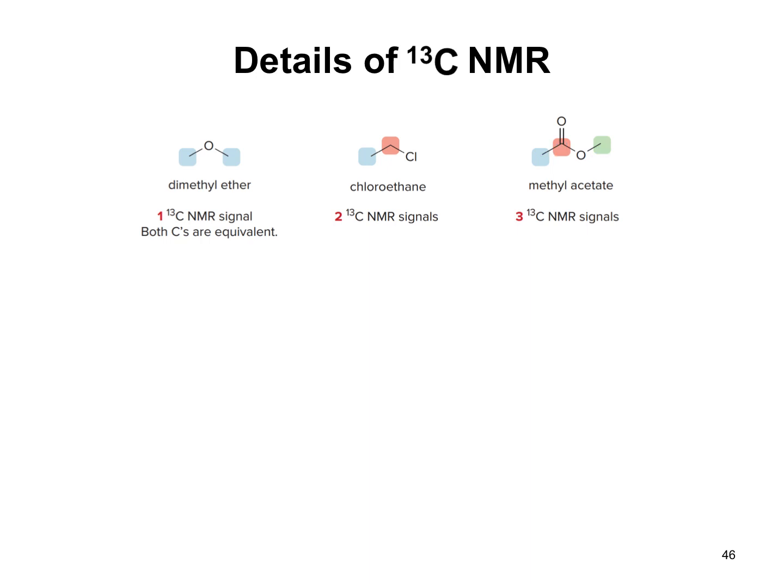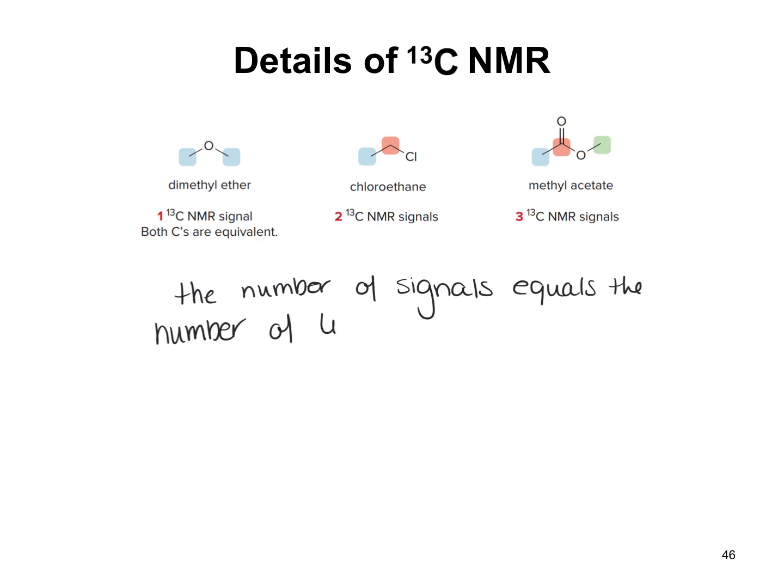Now, because these carbon-13 signals are not split, the number of signals just equals the number of lines in the carbon-13 spectrum, because the signals are not split.